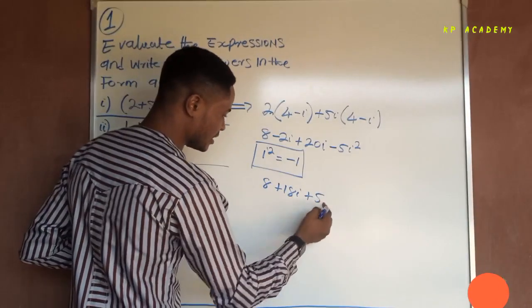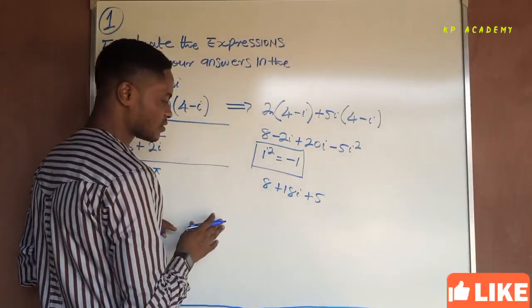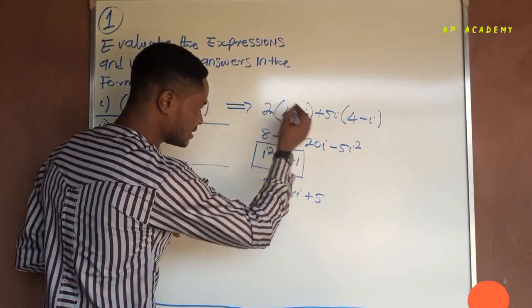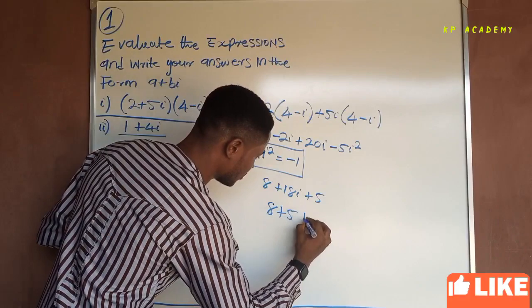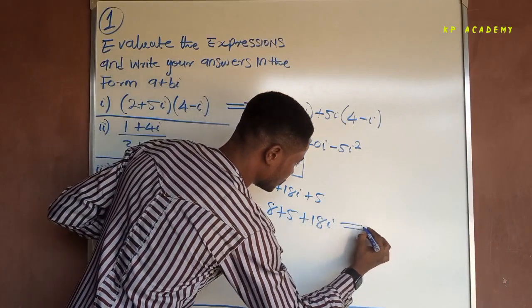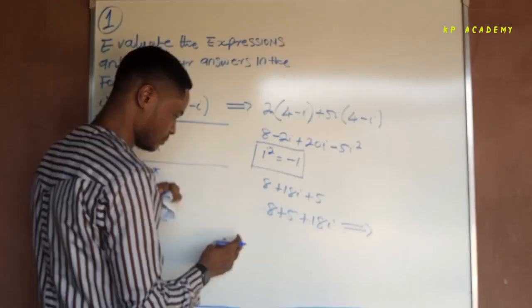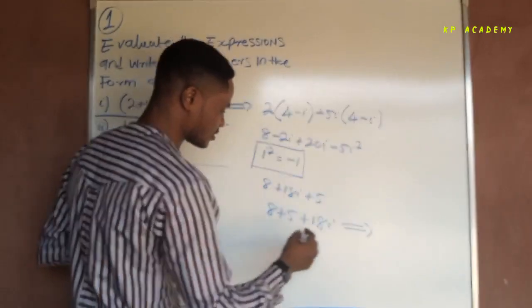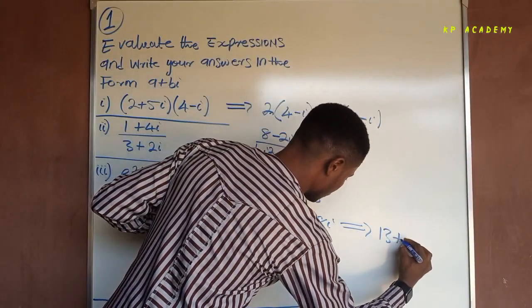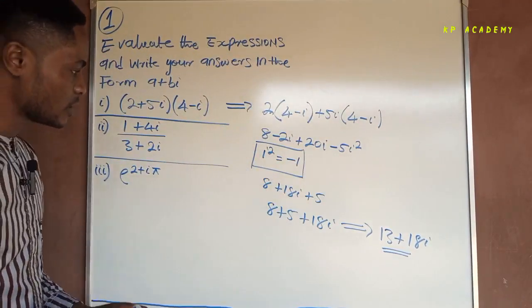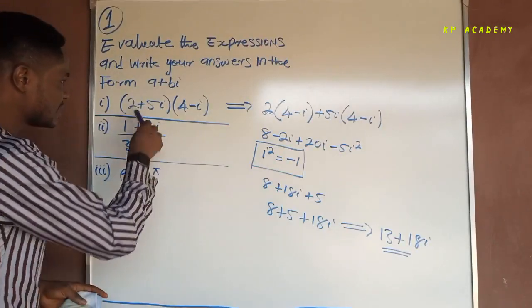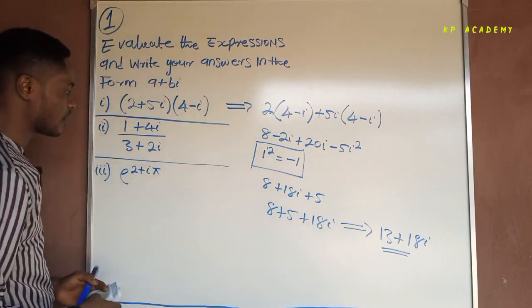Therefore, 8 plus 5 is nothing but 13. So finally, I have 13 plus 18i, and that is my answer. Alright, so that's the answer for this particular one. So you can see how I solved it. So do well to take down the notes.